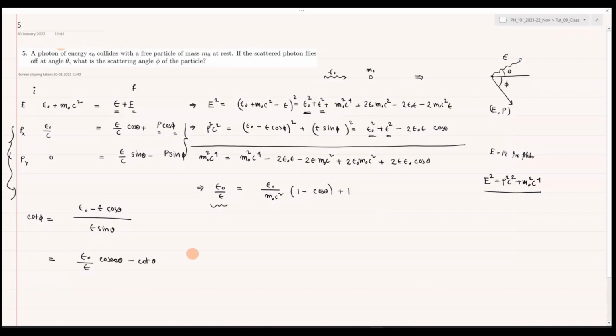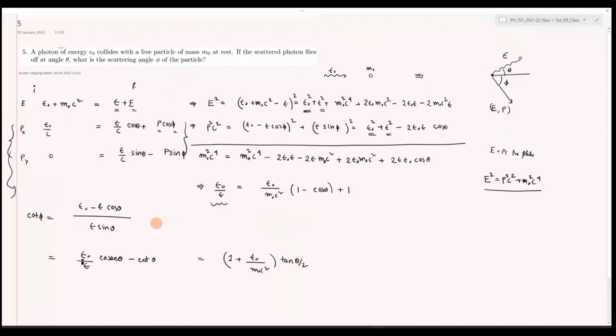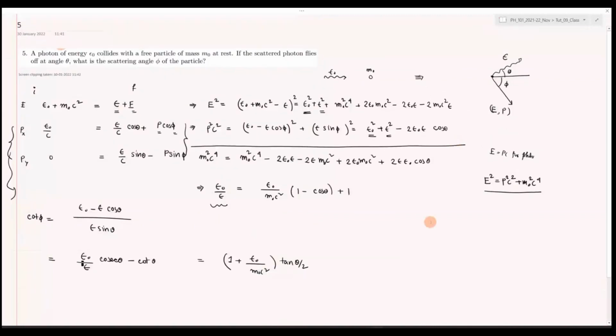This is this much. So if you simplify it, then let me check the final answer. You substitute it and finally you will get 1 plus epsilon 0 by m naught c square times tan theta by 2. So this will be the angle at which this particle will scatter.